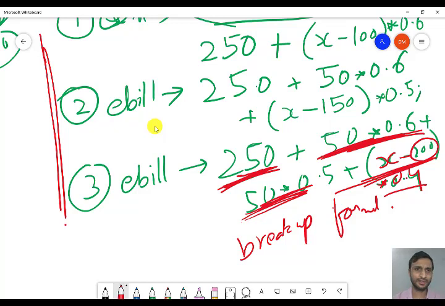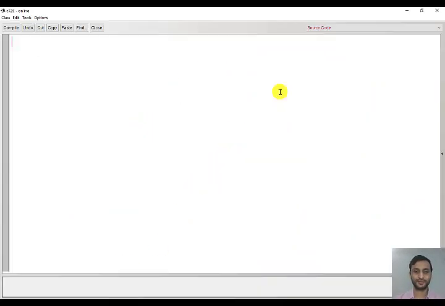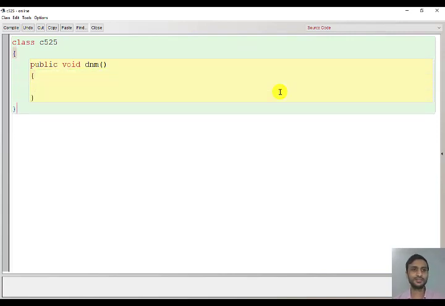So now let us write this program in BlueJ. We'll write the class C525, public void DNM. So the input is the name of the customer, though it is not asked. Since you are going to print the electricity bill of a customer, you should know the name of the customer at least.